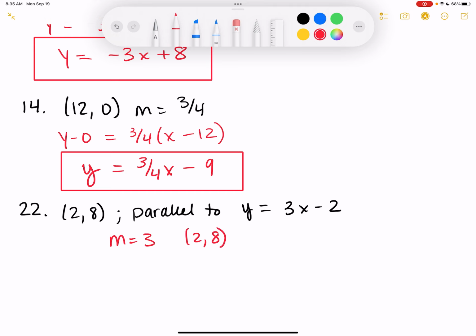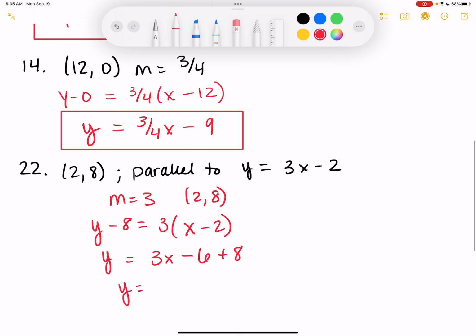So using point slope form, what am I plugging in? Y minus 8 equals 3 times x minus 2. And so you could leave it there, or we can multiply through. So y equals 3x minus 6 plus 8. So y equals 3x plus 2.